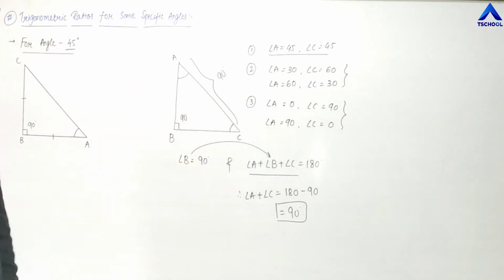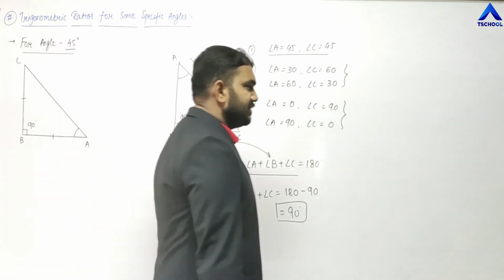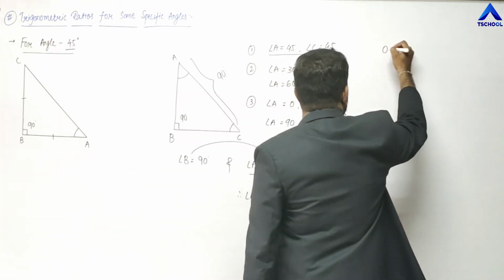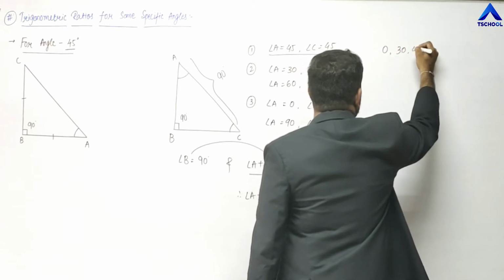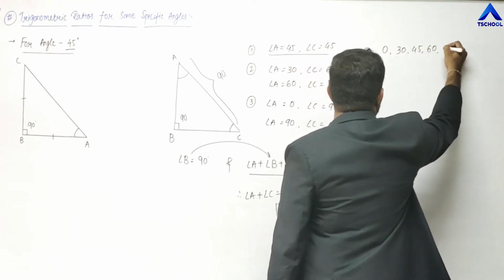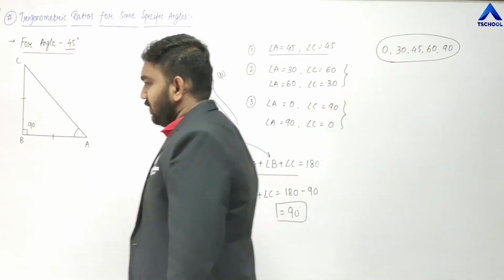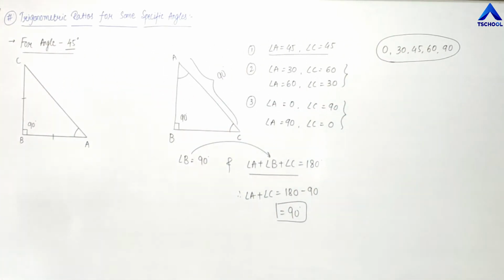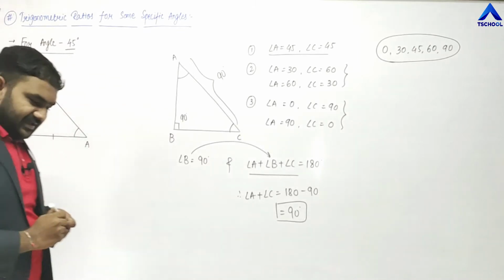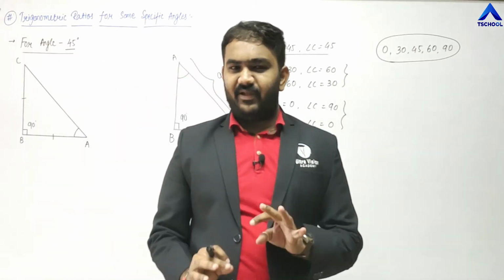So these are the specific angles that we are going to discuss here. The specific angles combined are 0, 30, 45, 60 and 90. These five angles are required for us to study in this chapter. Only these five angles.